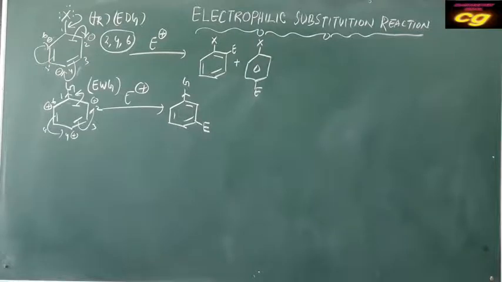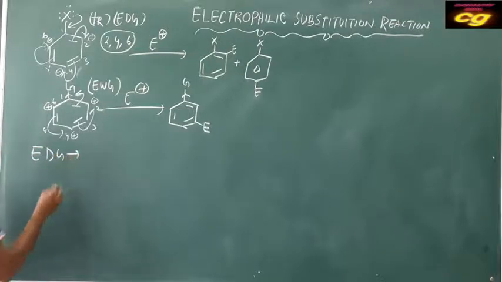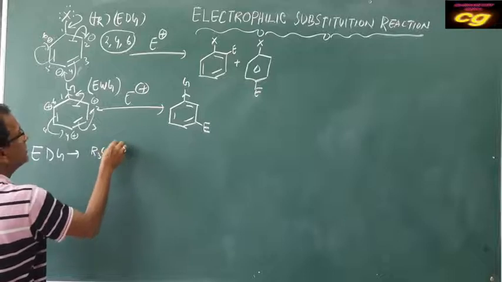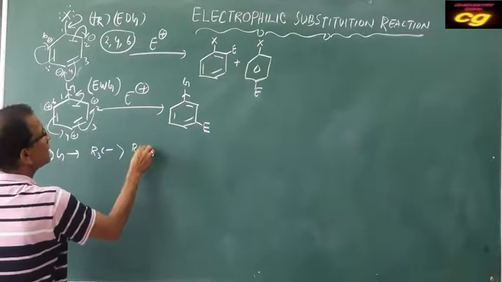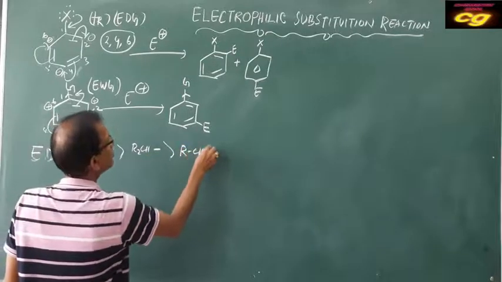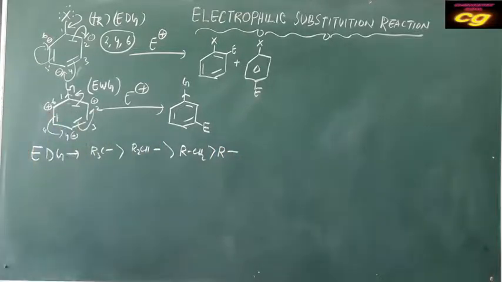What are the electron donating groups? Generally tertiary R3C, then secondary R2CH, then RCH2, then R, like this. These are electron donating groups.